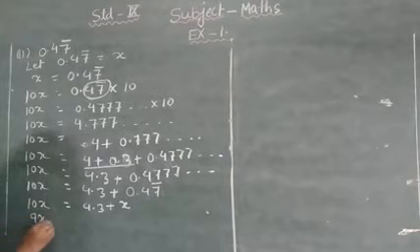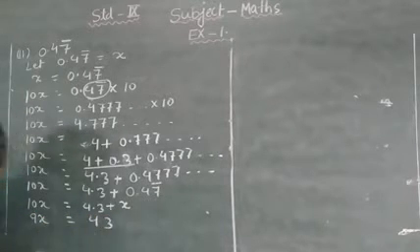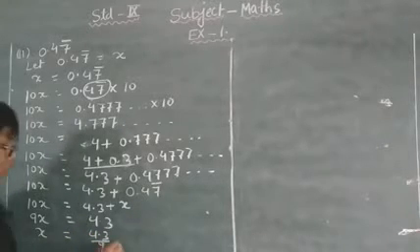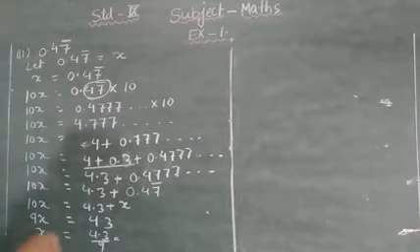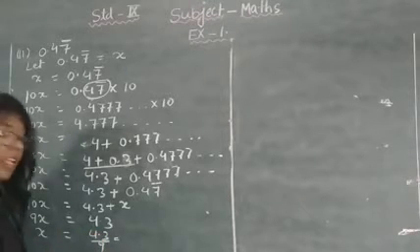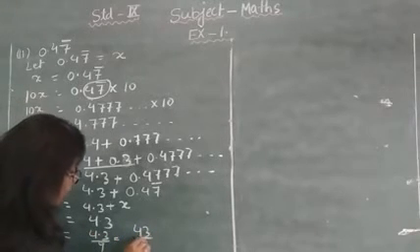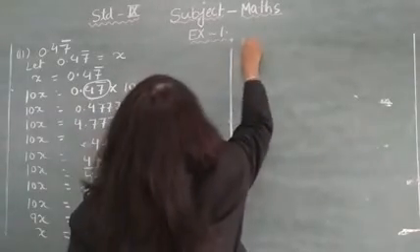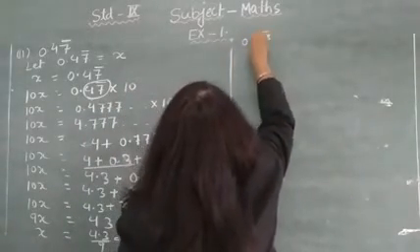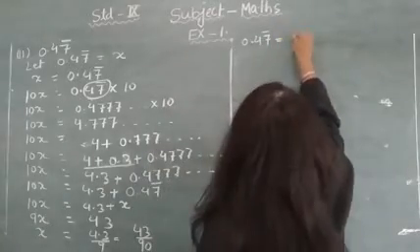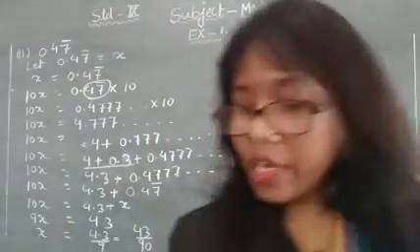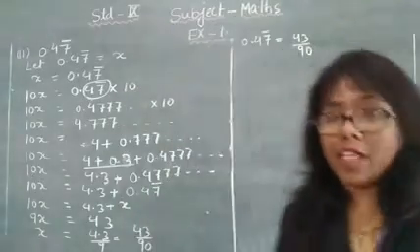So 9x is equal to 4.3. Fine. So x is equal to 4.3 upon 9. Now when we remove the decimal, it will be 43 upon 90. Fine. So we can write 0.47 recurring is equal to 43 upon 90. Anyone of you should not have any doubt, I think.